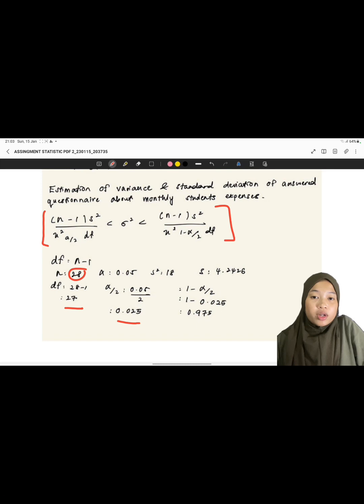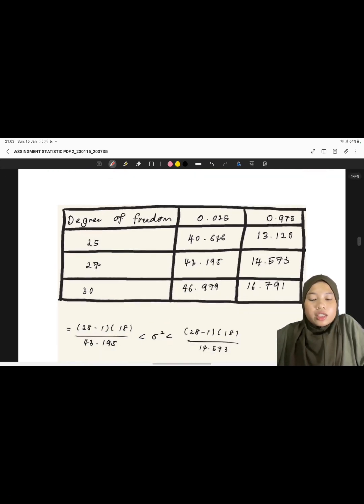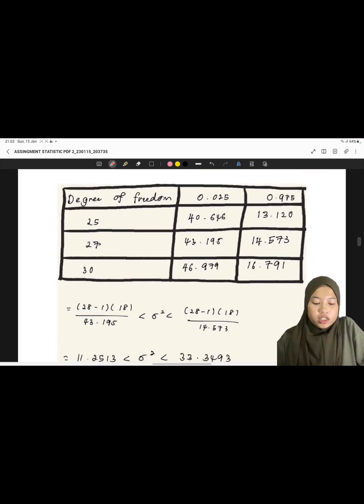The value of variance is 80. 1 minus alpha over 2 gives 0.975. The value of standard deviation we got is 4.2426. We choose the most accurate degrees of freedom, which is 27.